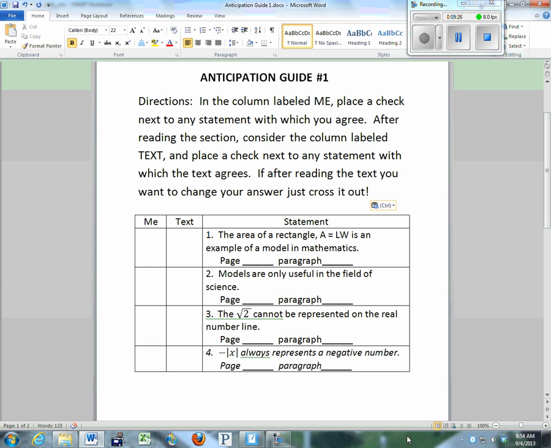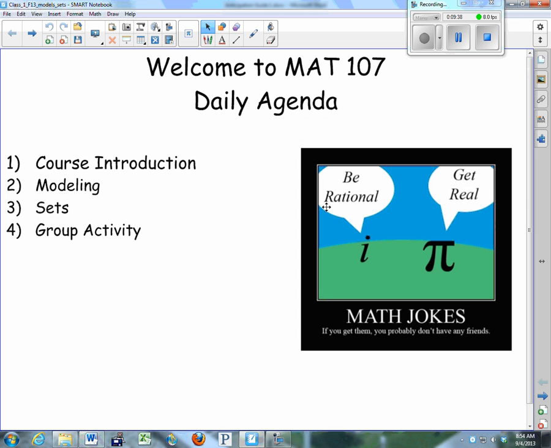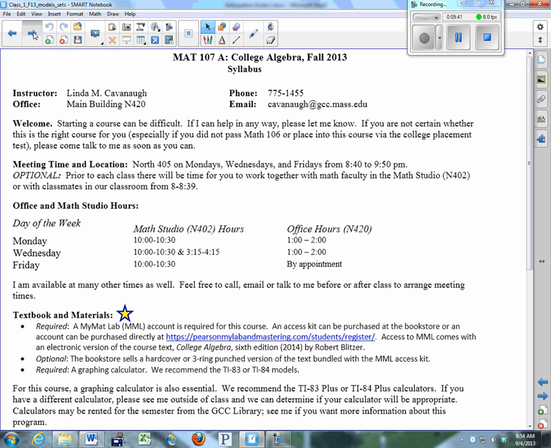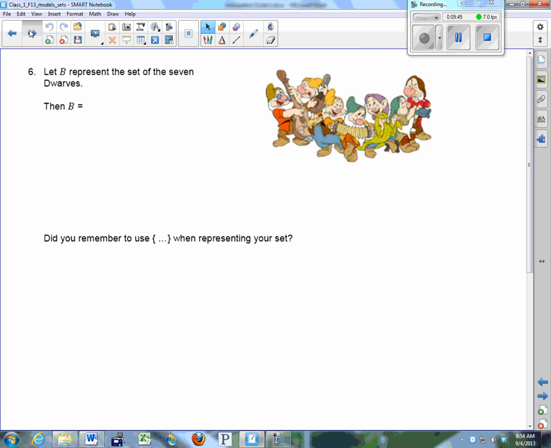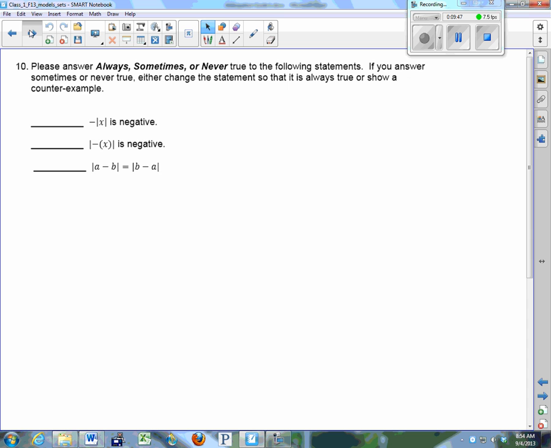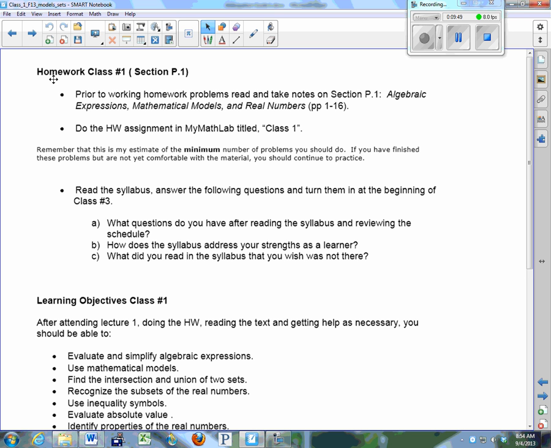If you turn to the very end of lecture 1, which is about 3 pages in, it says homework, right? Everybody found that page? Here we go, homework, okay?